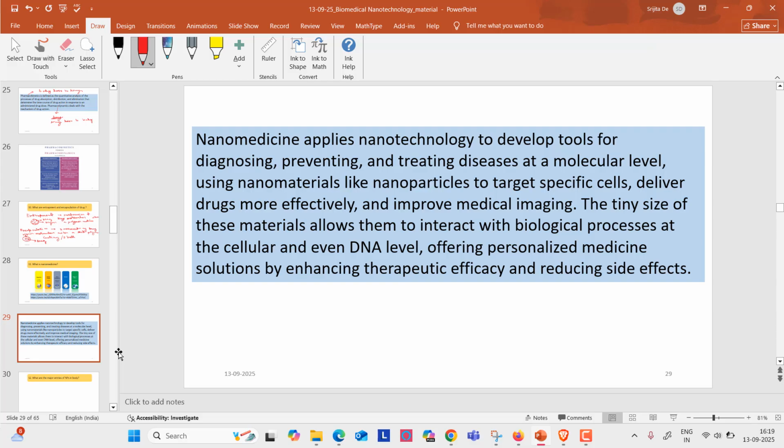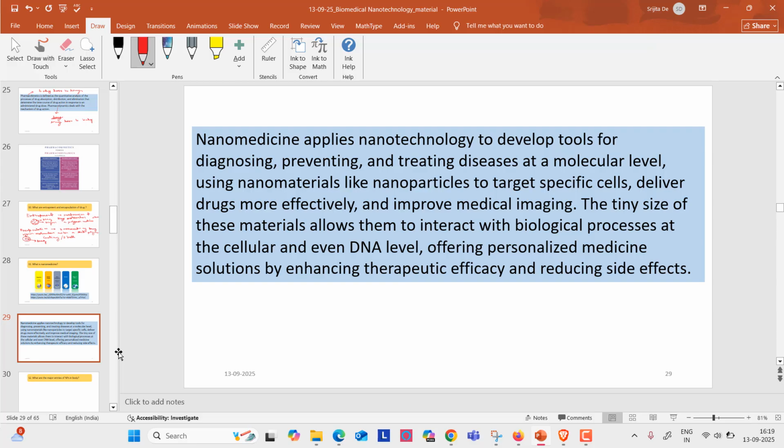So nanomedicine is basically based on nanotechnology-dependent diagnosing and cure, where nanoparticles or any kind of nanomaterials are the most important parameters. These can be used to kill target cells.